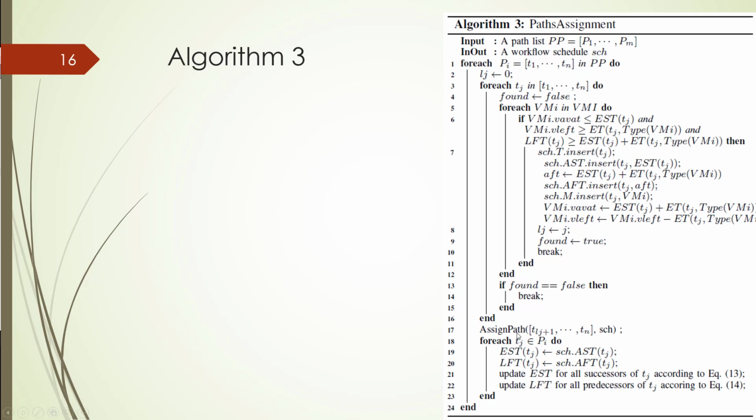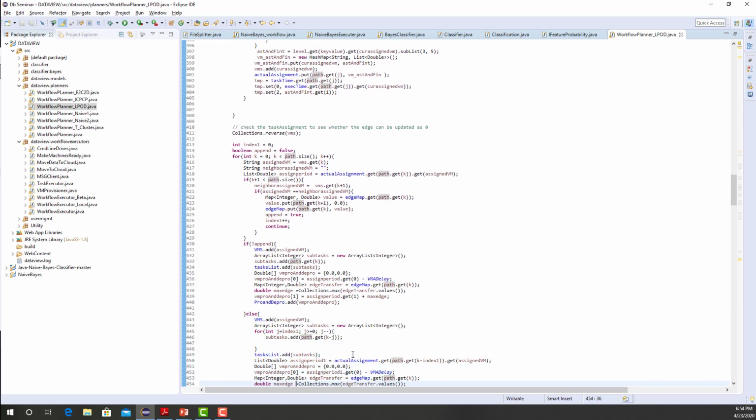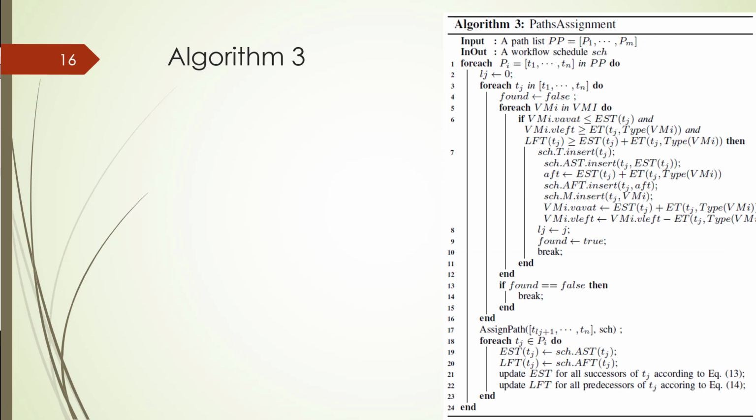So here we will use the assign path. I didn't describe the assign path over here, but I will walk through it. But let's jump into the last part of it, so you will find out what's happening over here. Here, this is the last part.